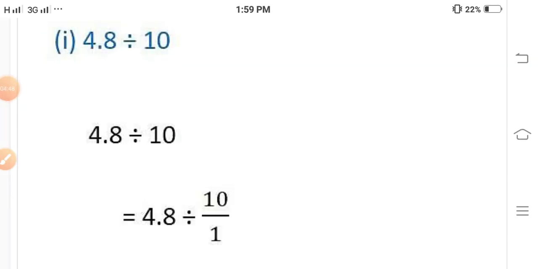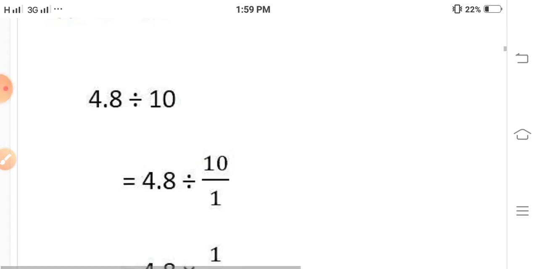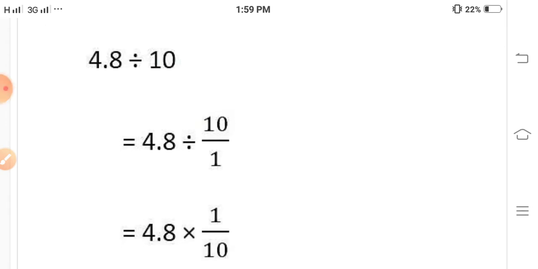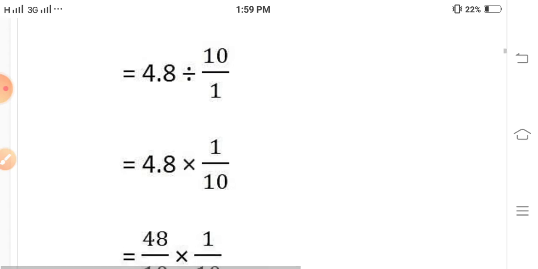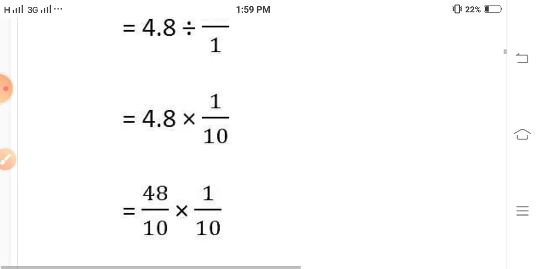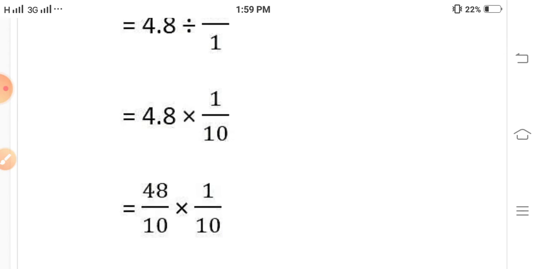By 10, again we can write 10 as 10 upon 1. So it becomes 4.8 divided by 10 upon 1. We will take the reciprocal of the second term and division will change to multiplication as we always do. Students, the same process we will follow. So it becomes 4.8 multiplied by 1 upon 10.